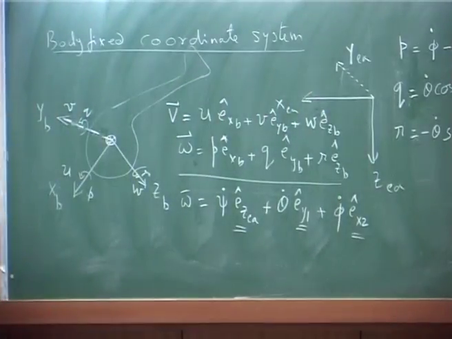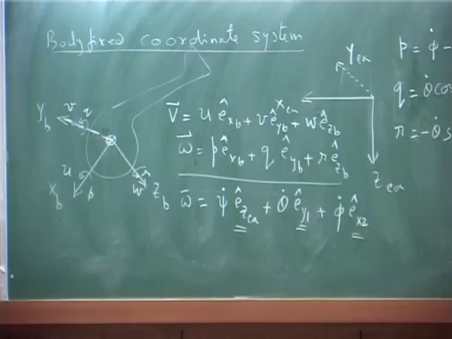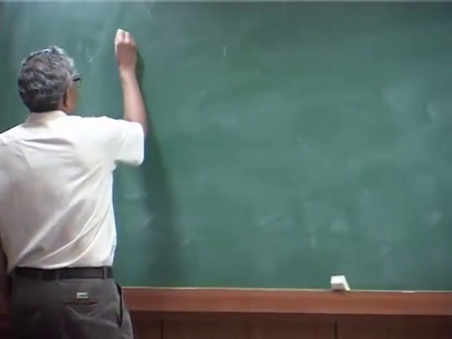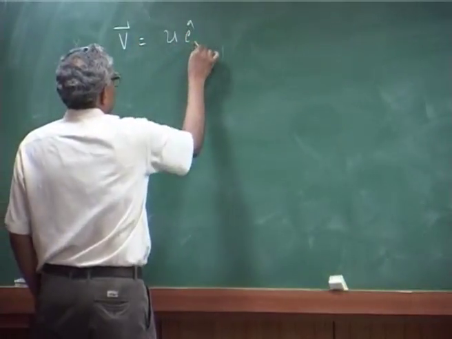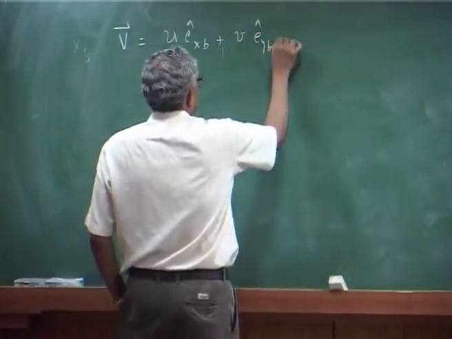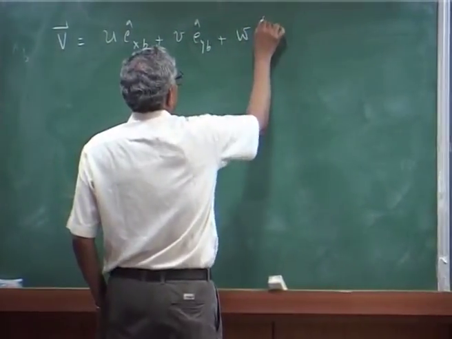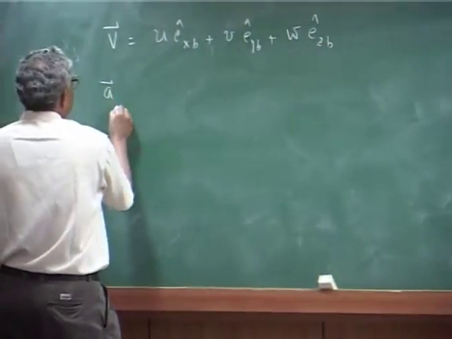So maybe I erase this part, because I use this transformation only as a transformation from this coordinate to this coordinate, that is all. Okay. Now my velocity of the center of mass is u e x b plus v e y b plus w e z b. Now what is my acceleration of the center of mass?